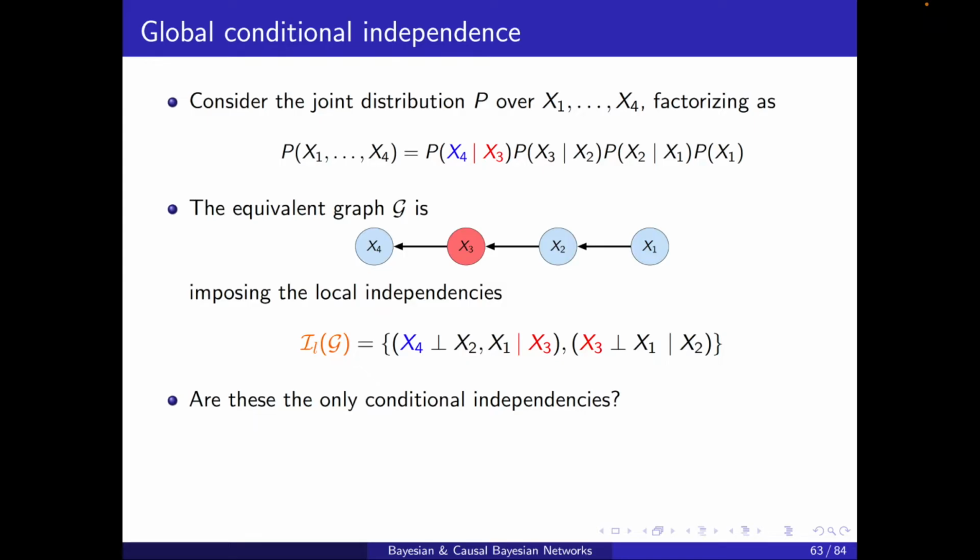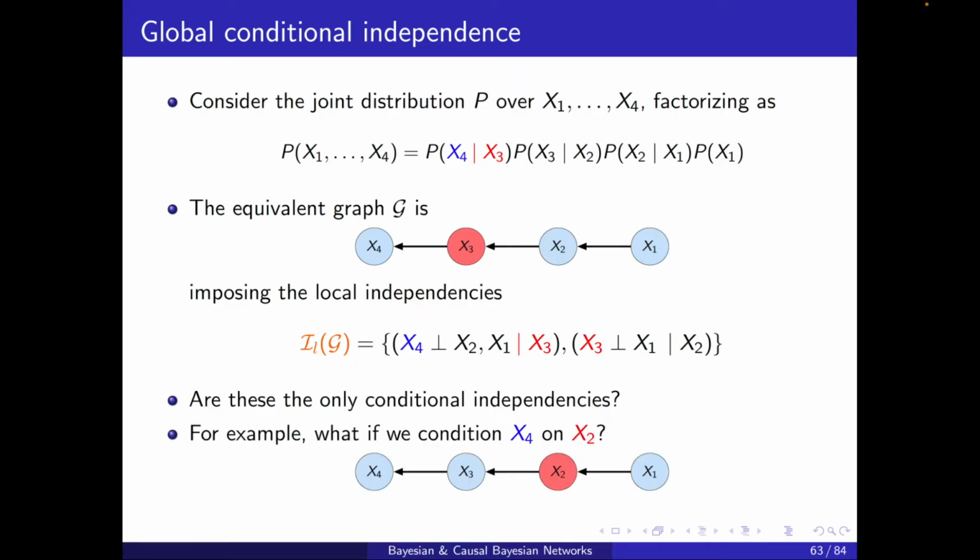And I guess the answer is clear. It's no. We just saw one example there. But for this particular graph, what will the answer be? For example, what if we condition x4 not on its parent, but on some other node, say x2, which is here?